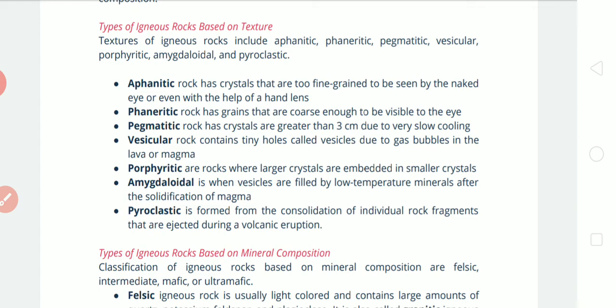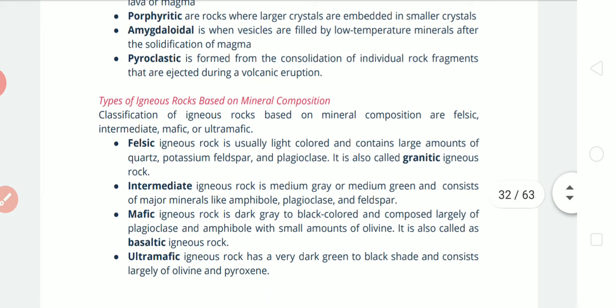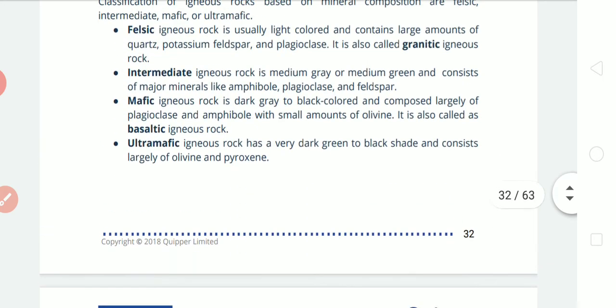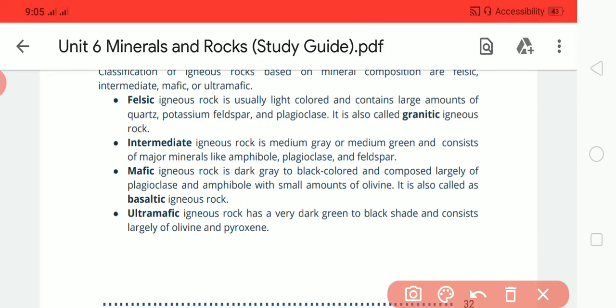So, the categorization of these types of igneous rocks is actually based on texture. So, whether it is smooth or rough ba siya, or unsa na mga crystal combinations ang naa. Now, here in the mineral composition, we have, I guess, 4 types of igneous rocks based on mineral composition.